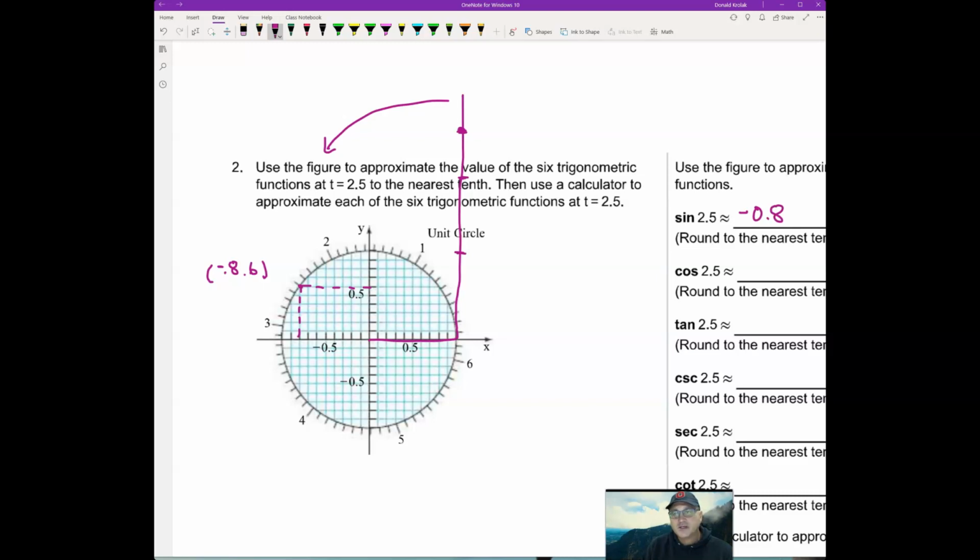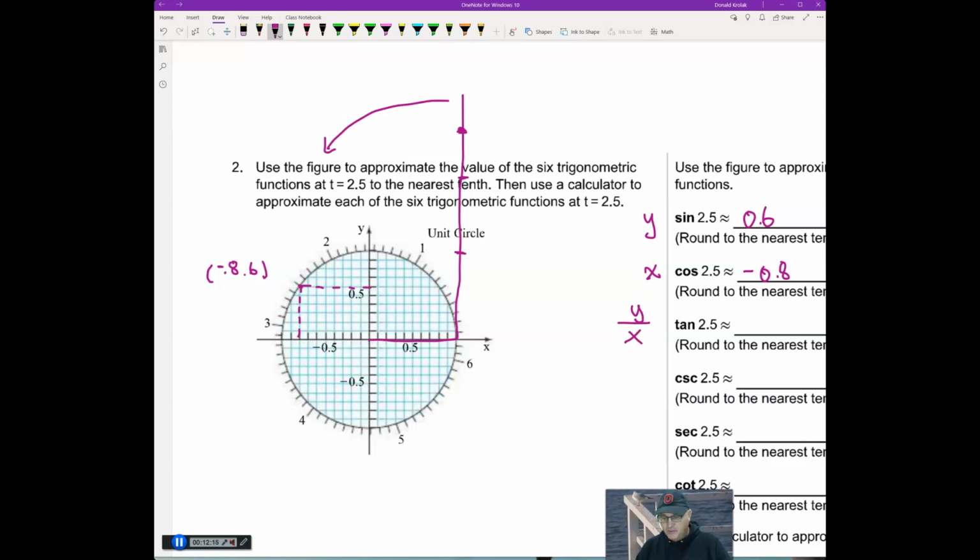Our cosine is, I'm sorry, I got those mixed up. This is our y coordinate, which is 6/10. This is our x coordinate, which is negative 8/10. Okay, and then our tangent is the y coordinate divided by the x coordinate.